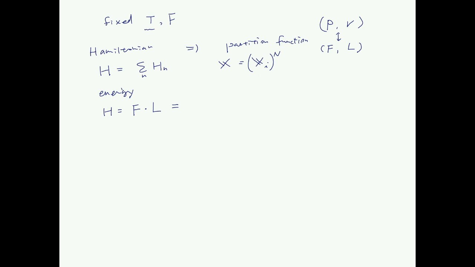I can write this as a sum over segments, each with an s_n multiplied by d, where s_n is plus 1 or minus 1, so it's going forward or going backward. So I can write this as a summation of H_n, where H_n is F d s_n.